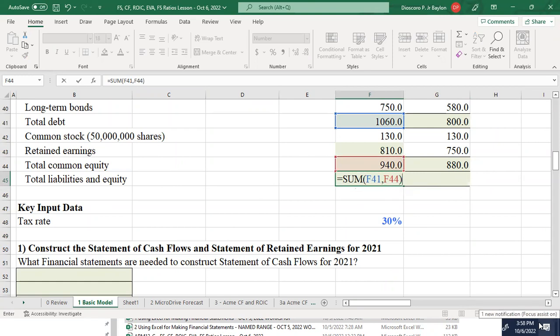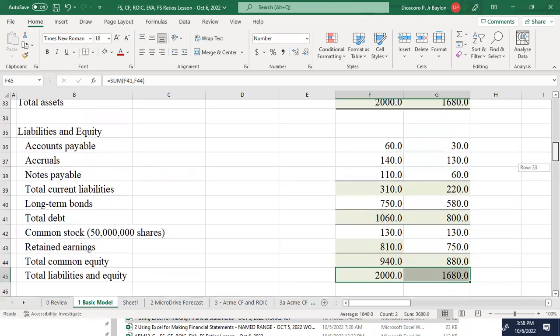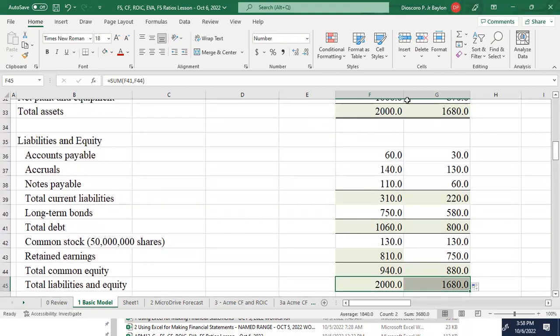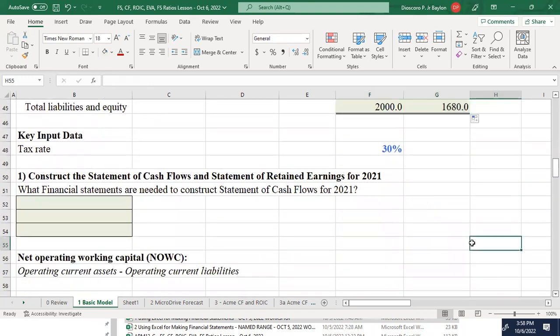So we add the total liabilities and equity to arrive at 2,000, and then this one 1,680. Okay, and then if we check, guys, do we balance? Yes. Total assets 2,000, total liabilities and equity 2,000. This one also 1,680, 1,680. All right.